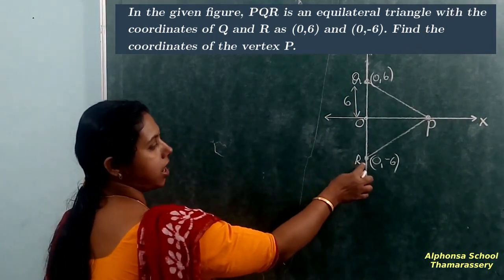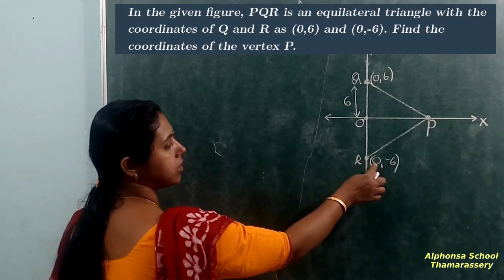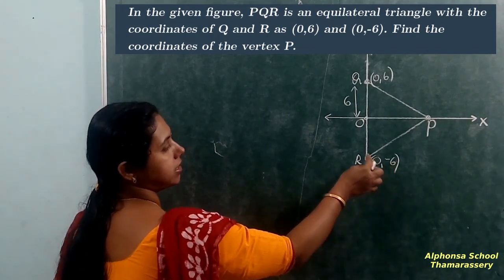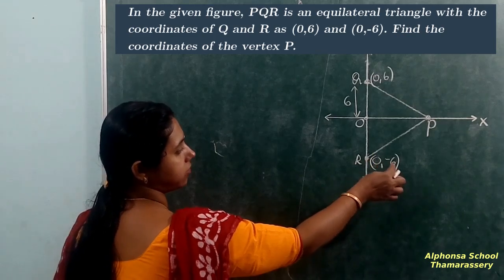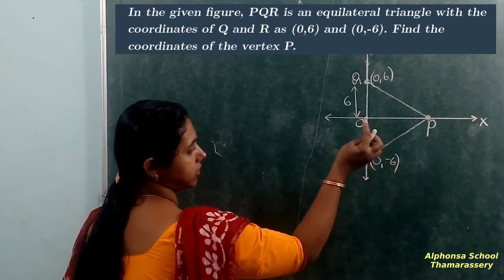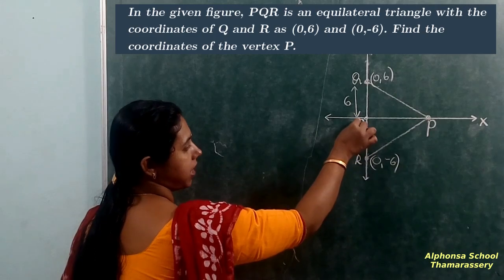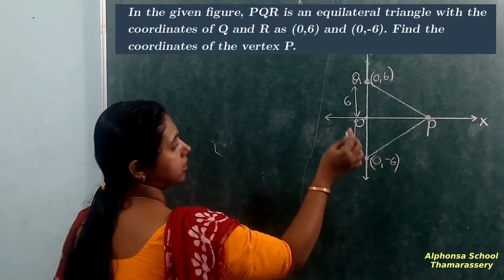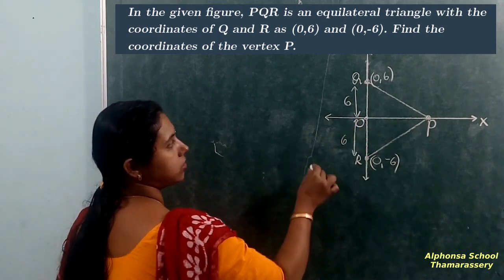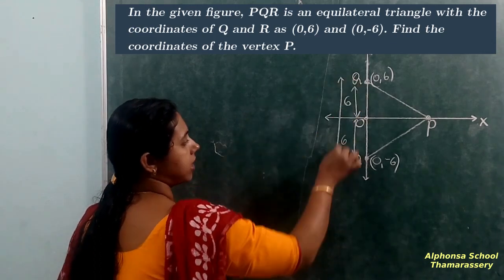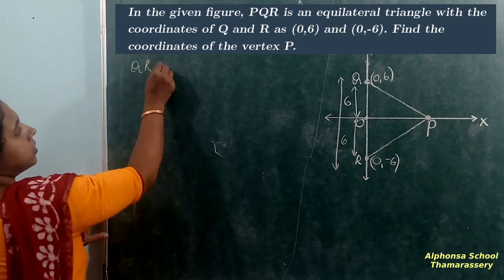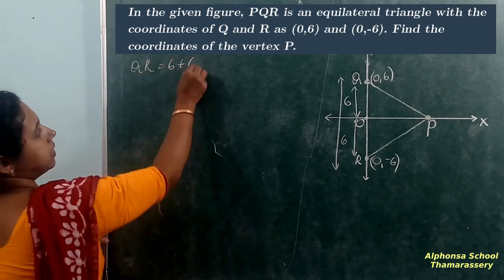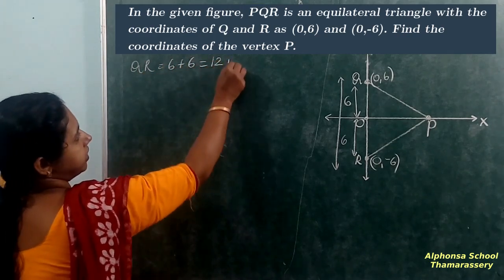And the coordinates of point R are (0, -6). The distance from the x-axis to the point is 6 units, that is the y-coordinate, minus 6. So the total distance QR is equal to 6 plus 6, that is equal to 12 units.